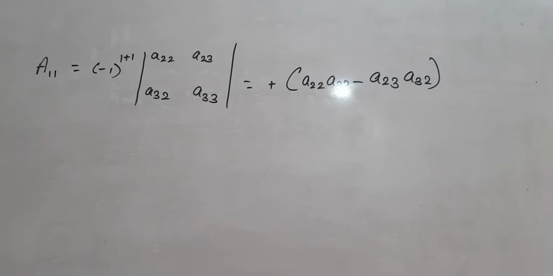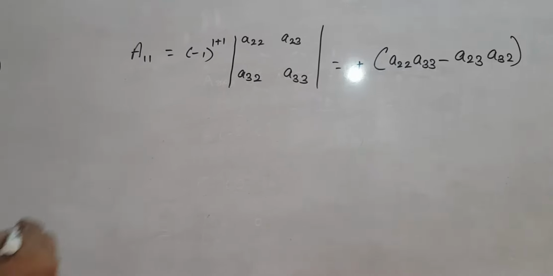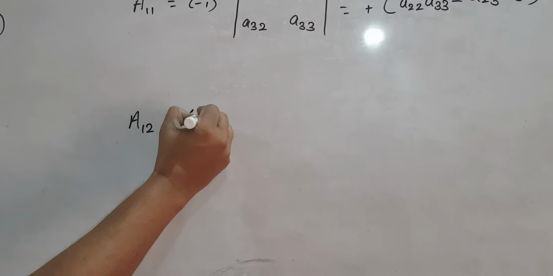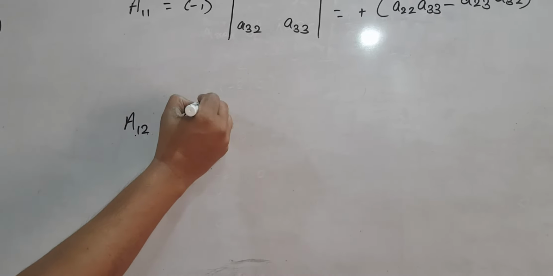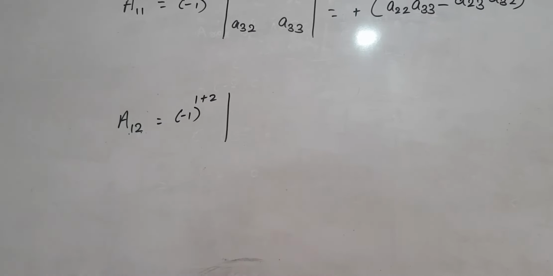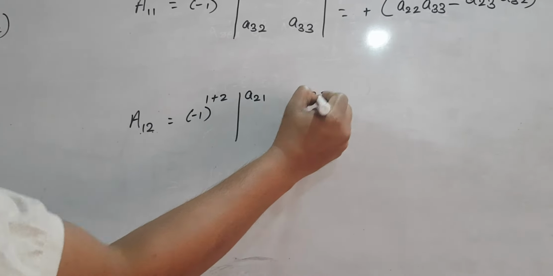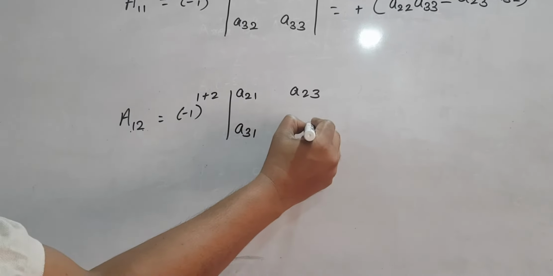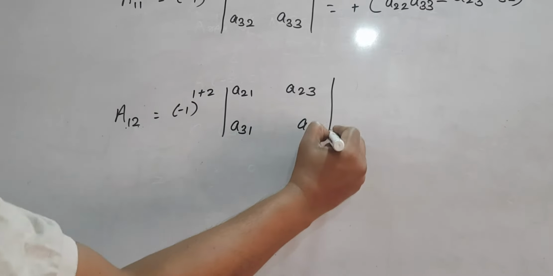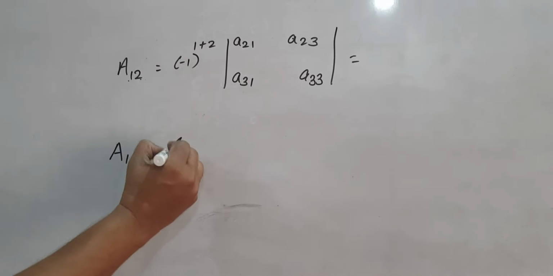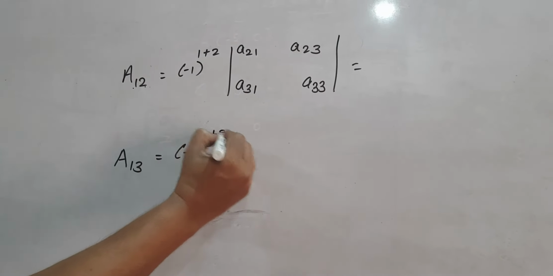Understood? Similarly, for the minor of A12, the cofactor of A12 is what? Minus 1 raised to 1 plus 2. And the elements we write from this: A21, A23, A31, A33. Just simplify. A13 is what? Minus 1 raised to 1 plus 3.